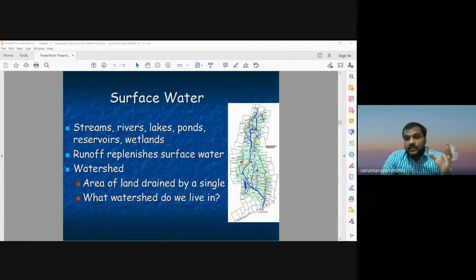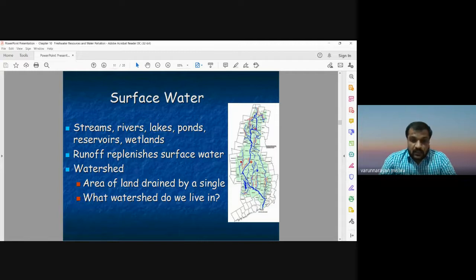That watershed is responsible for replenishing the water in that basin or in that river. So surface water is very important. All the available water resources on the earth's surface we can use for household purposes, drinking purposes, and industrial purposes.